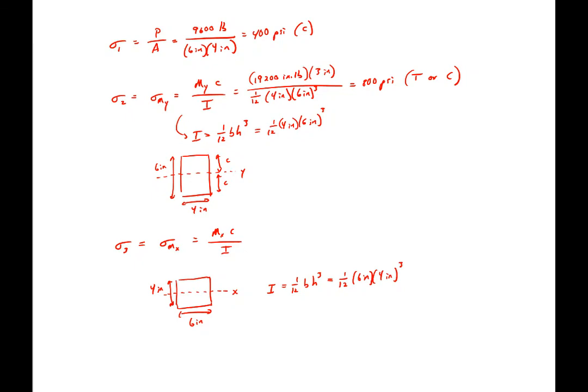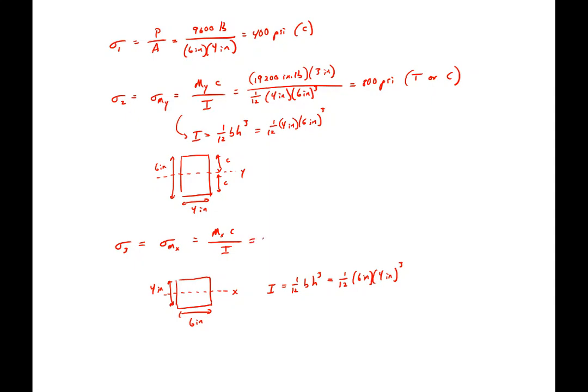In this case, I think I called it the depth, above and below the x-axis. A lot of times when we talk about how a beam is being loaded, we talk about the depth in the direction of loading, and that's 4 inches in this case.